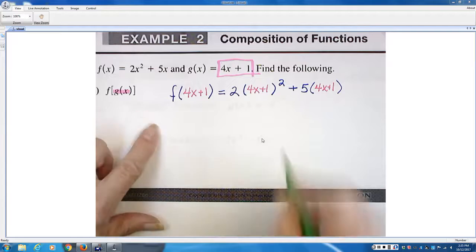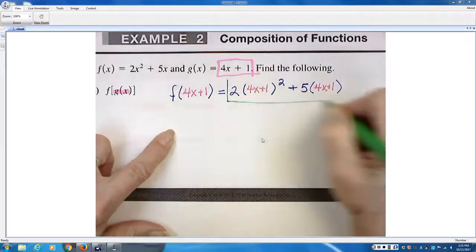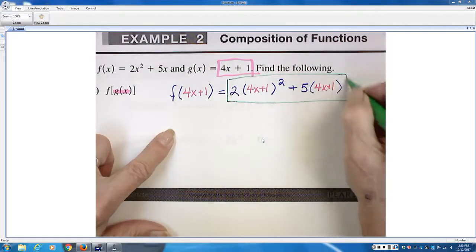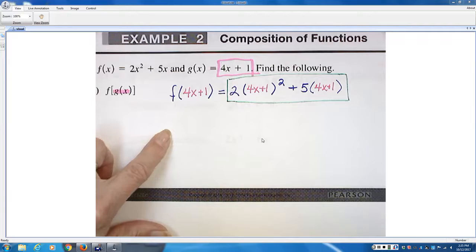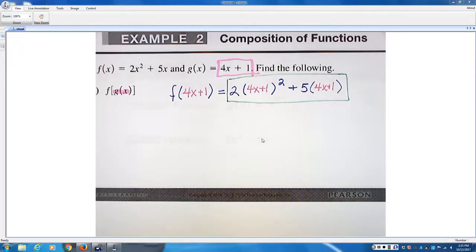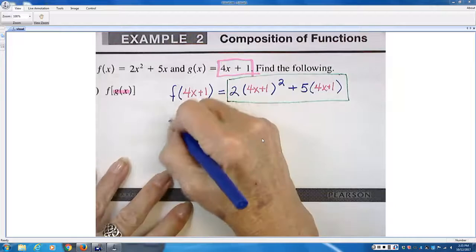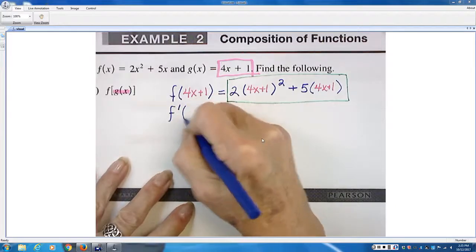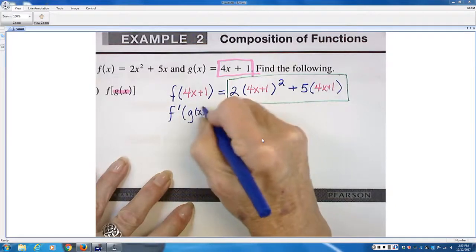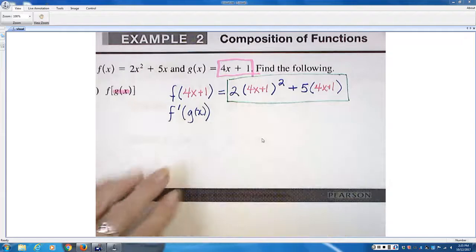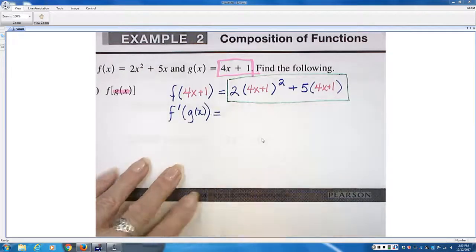Suppose we wanted to take the derivative of f of g of x. The derivative would look like this.